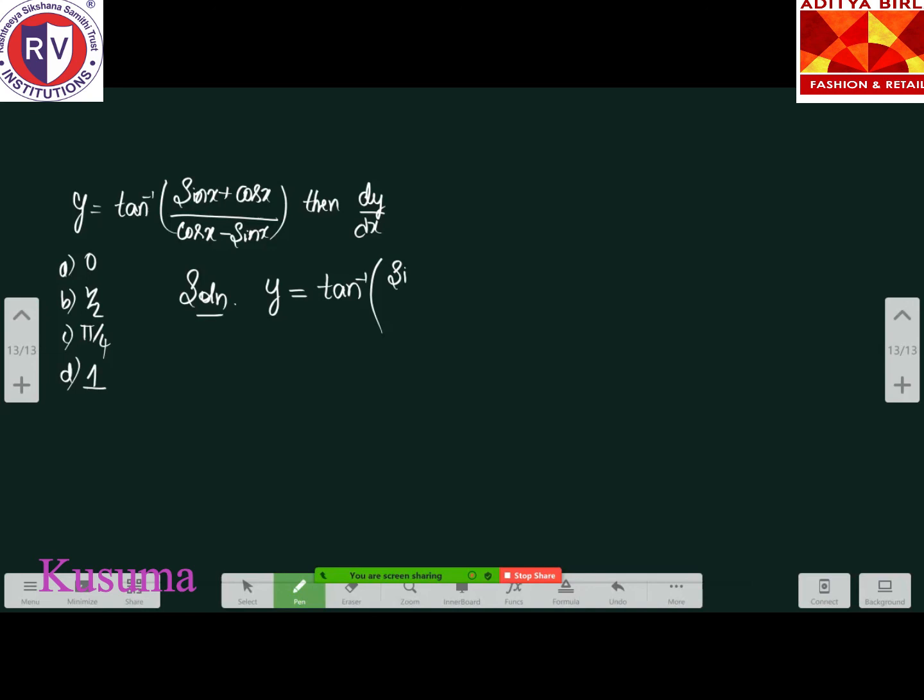Ma'am, take all the values of sin x plus cos x by cos x minus sin x as t, and then we can do it, ma'am. What about simplification? Won't the simplification be hectic?